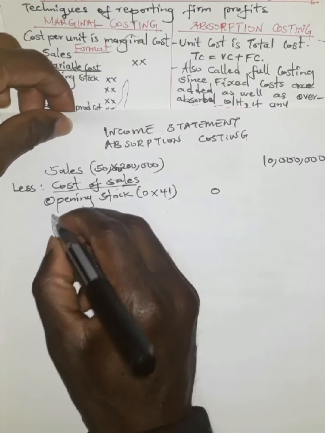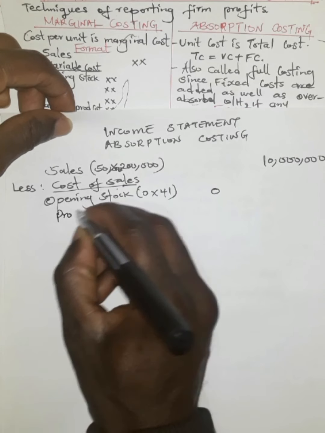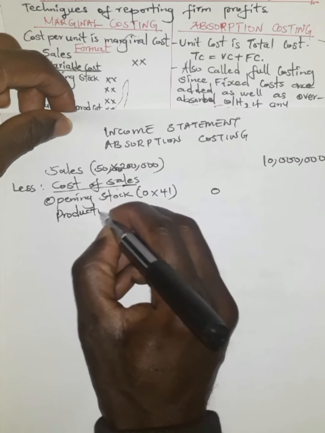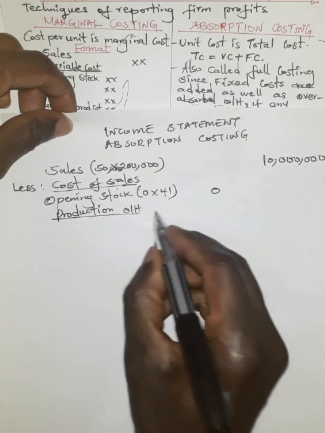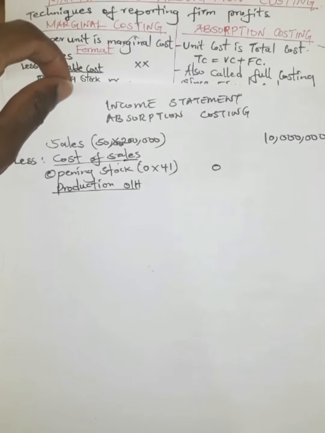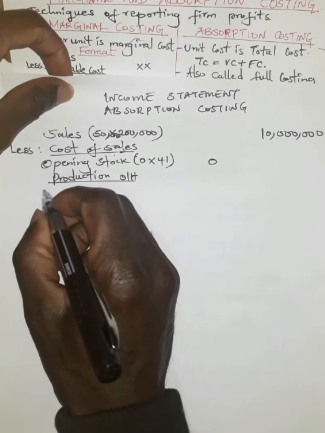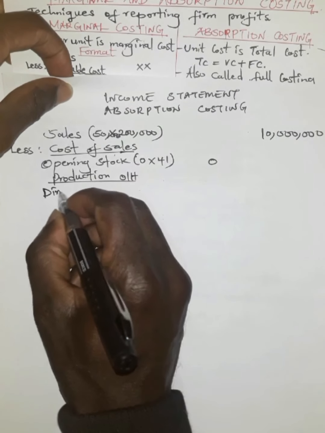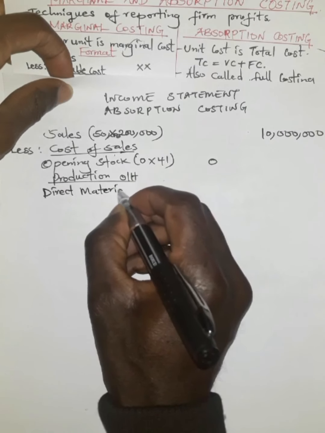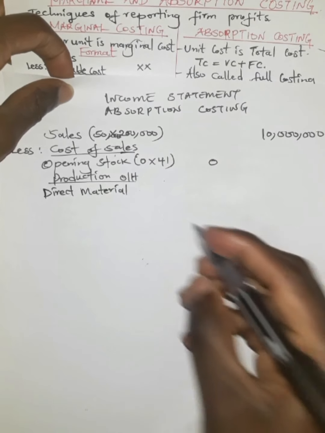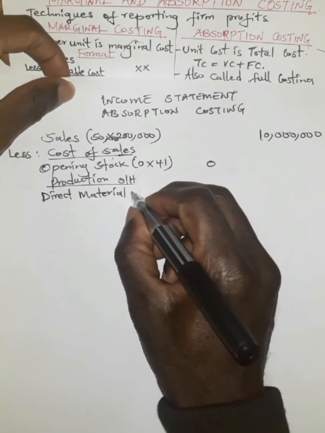Next, we go to the production overhead. We again less the production overheads, and production overheads here comprise the direct material, just the same case as in marginal costing.